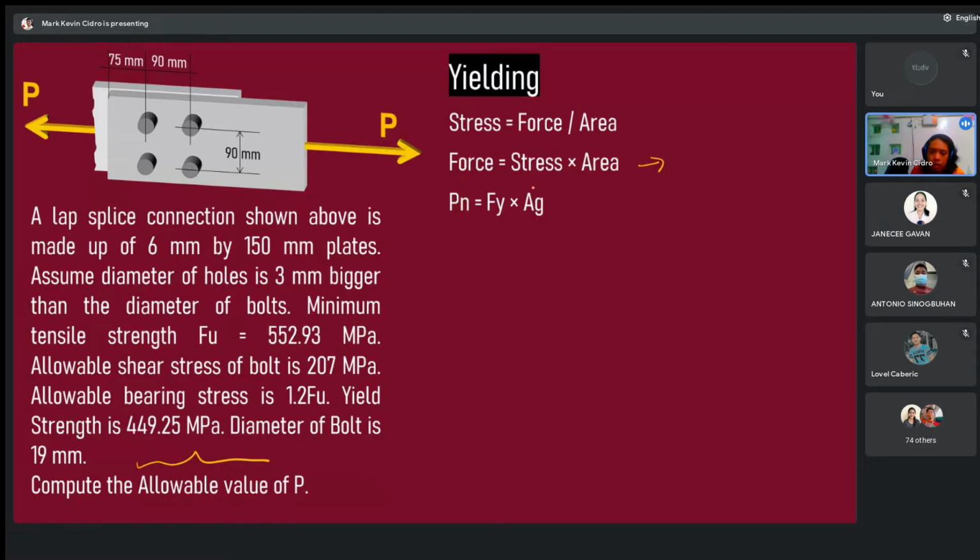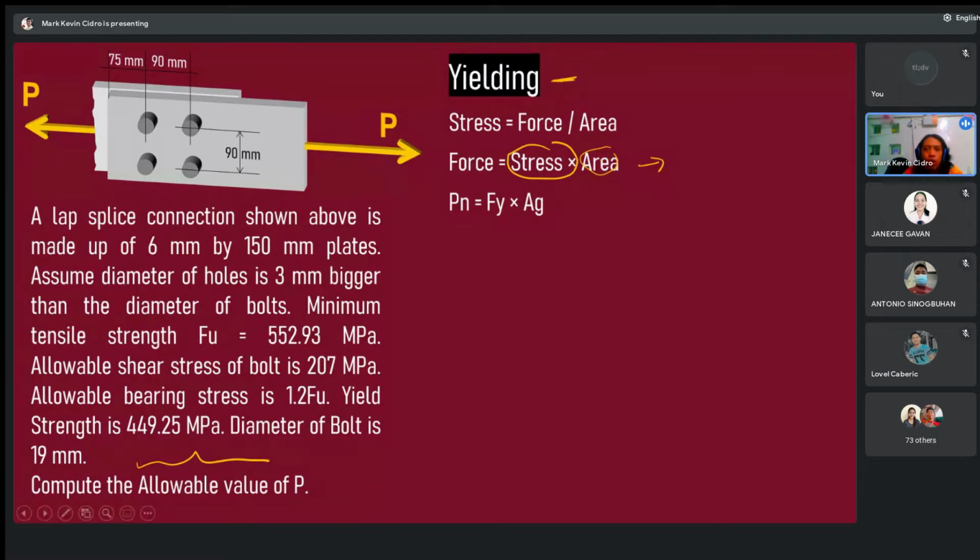Yung stress mo, since this is yielding, we are looking at the yielding failure. So ang gagamitin nating stress is the yield strength, di ba? Yield strength of the material, Fy. Okay? Tapos ang gagamitin natin na area is AG.